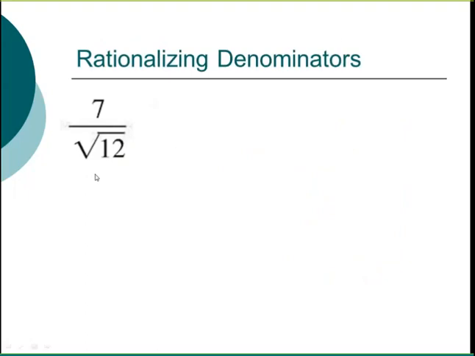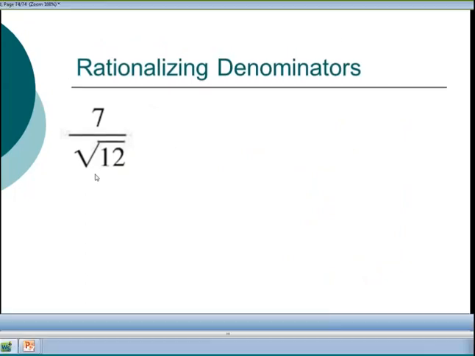Rationalizing denominators especially needs to happen when you've got a square root on the bottom like this one, and there's no nice canceling and manipulating of the actual fraction itself on the inside to make it so that I can take the square root in a way that I won't have an irrational portion. So what happens here is you can just multiply the top and the bottom by a square root of 12.